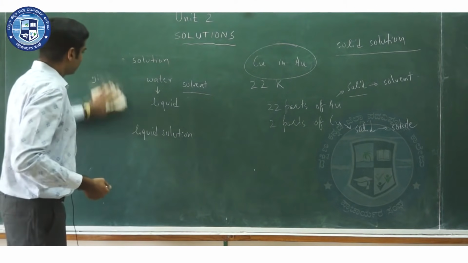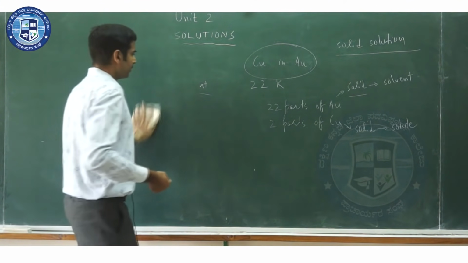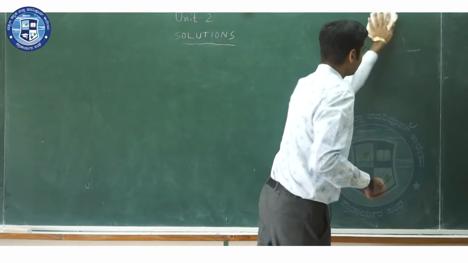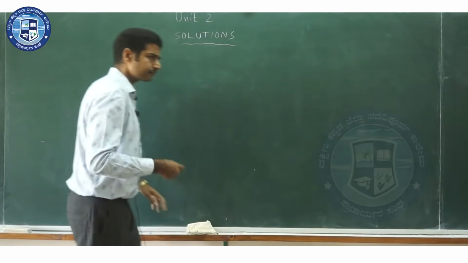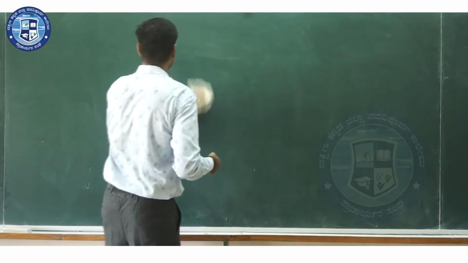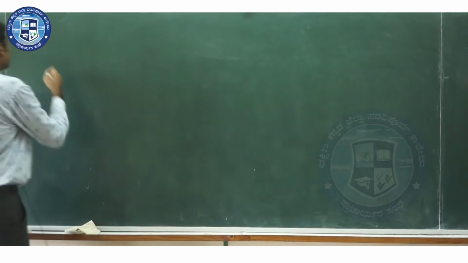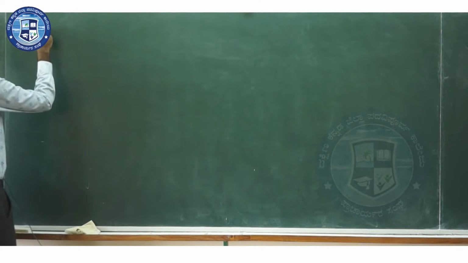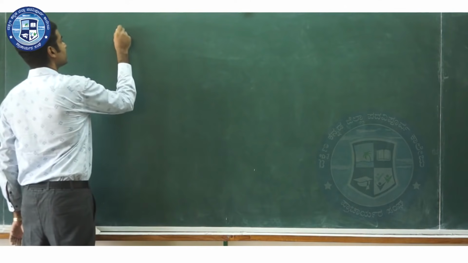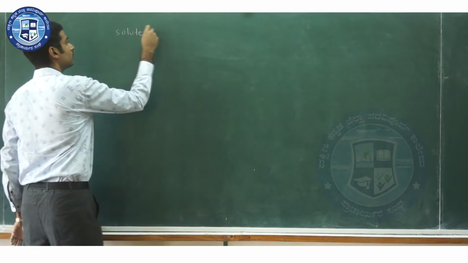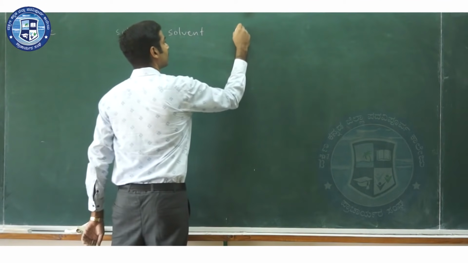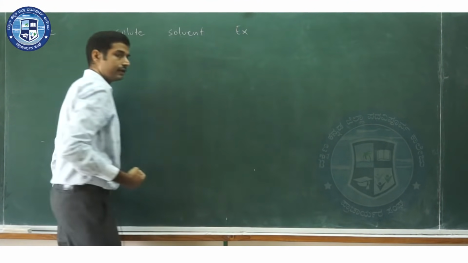Hence, let's list out the various categories and understand some examples. So we have the type of solution, the physical states of solute and the solvent, and some examples.